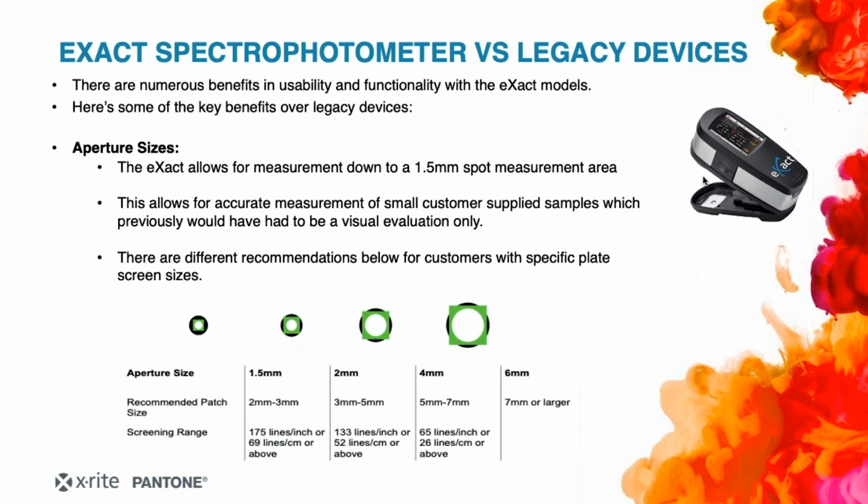The aperture range goes from 1.5 millimeters, as I mentioned, right the way through to a much larger spot size of 6 millimeters, which is typically used in press production environments such as the corrugated industry. The go-to aperture is typically the 2 millimeter device. This style then allows flexibility between minimum patch size, which may be generic on printed material, through to different plate types which you may be using.